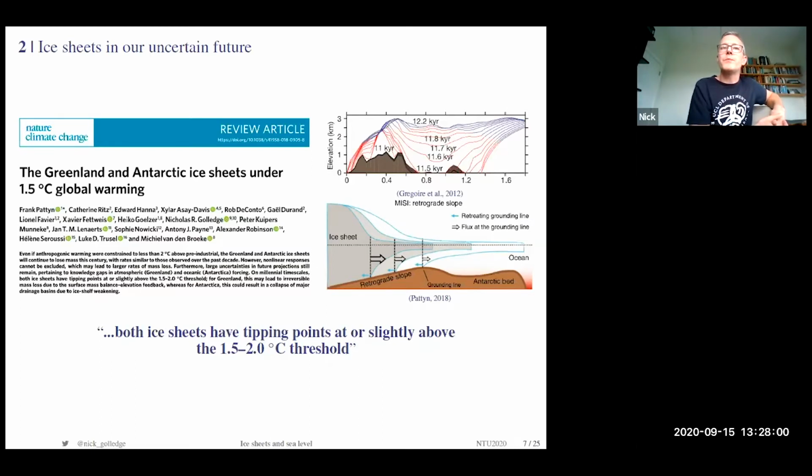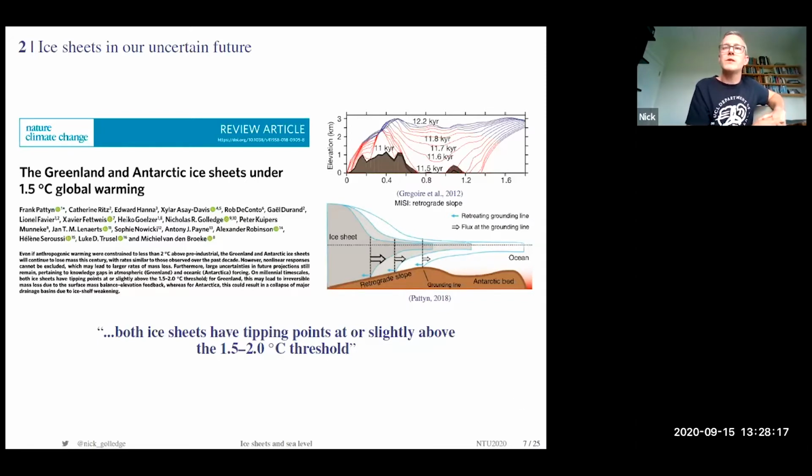When we look at the evidence from model experiments and from paleo data, we can see that just a couple of degrees of warming, something like the Paris Agreement, 1.5, 2 degrees, is enough to destabilize these ice sheets in Greenland and Antarctica.